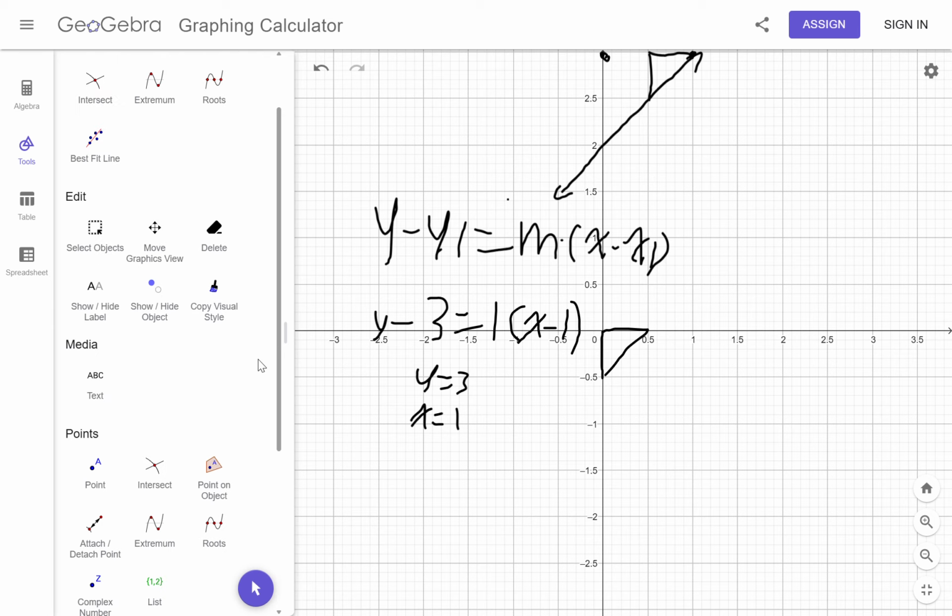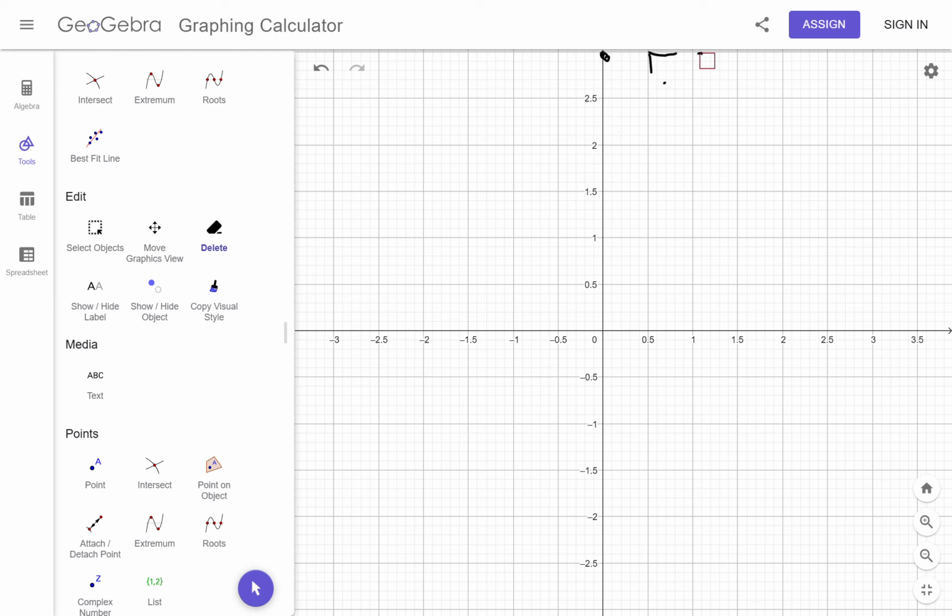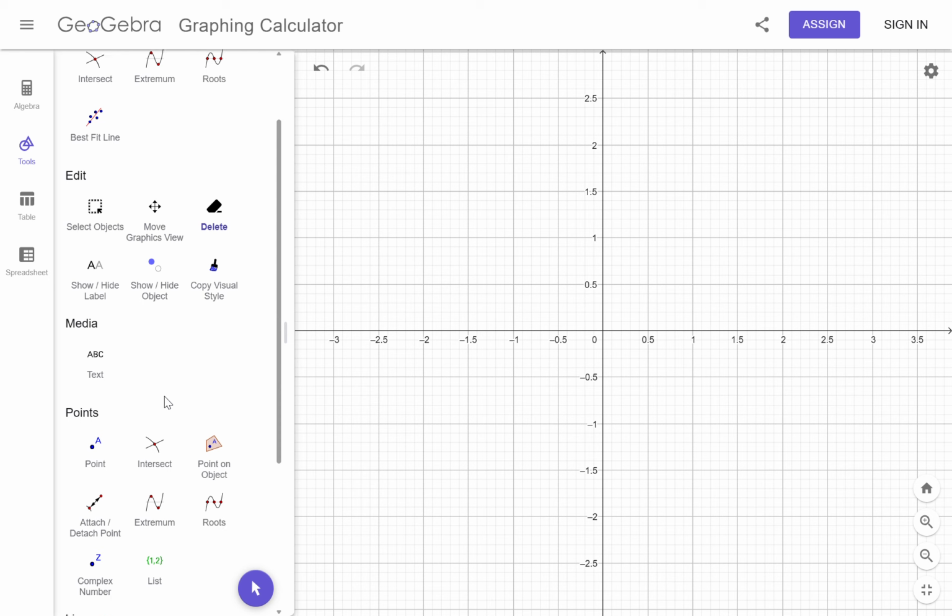Now moving on to the final form, standard form. Standard form is probably the most annoying form to use, and slope intercept form is probably the easiest form to use. So I'd recommend you use slope intercept form. Alright, standard form.